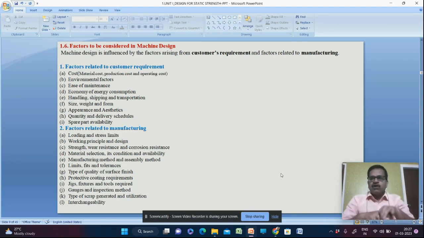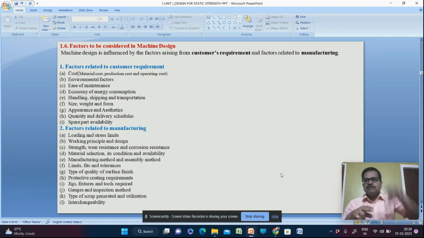If you don't want to have a relative motion between them, you can have either the transition fit or the interference fit. The interference fit is the one in which the minimum size of the hole is always smaller than the maximum size of the shaft.